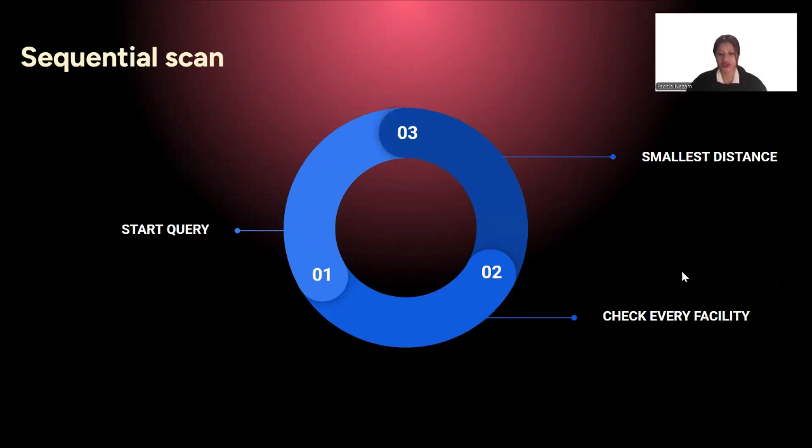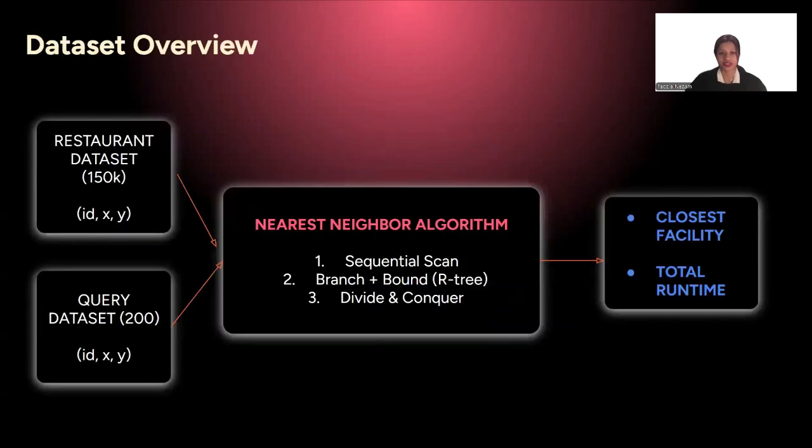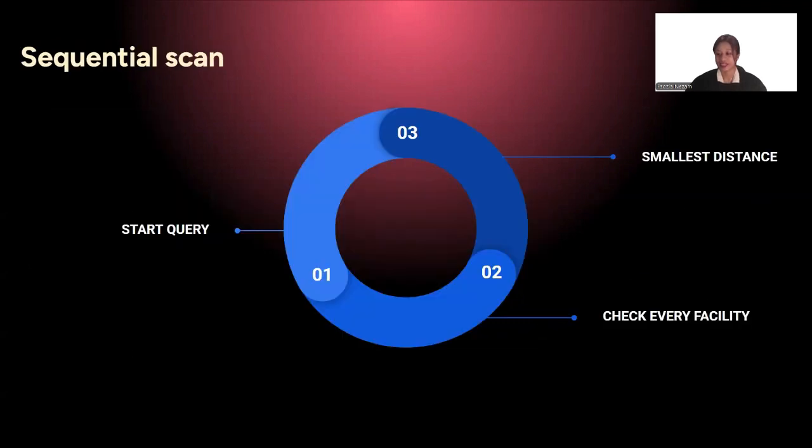And here, as we have established that we have 200 query points and 150,000 points in the restaurants, we will actually go over this one by one. So 200 queries against 150,000 restaurants.